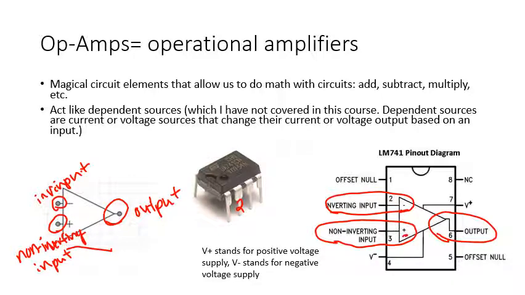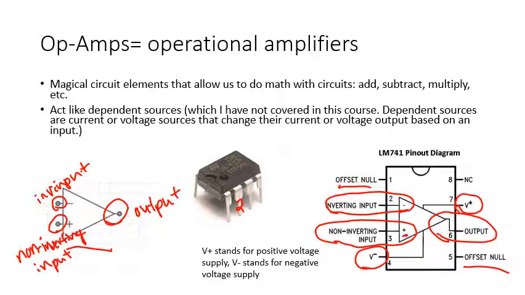Okay. There are other pins that some of the time in advanced configurations you will use, like this offset null, or this one here to try to balance things. We're not going to do that in this class, but there are 2 other pins you do always have to use with op-amps, even though you don't see them in the circuit diagram that looks like a triangle for them. They are the V minus and the V plus.